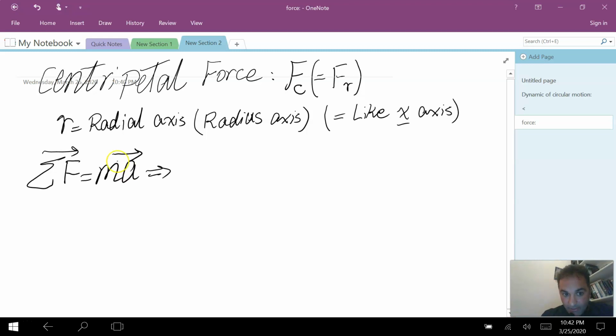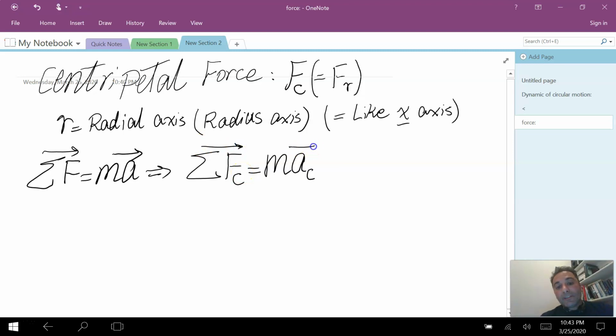You can see by this equation that acceleration makes force. Therefore, we can say that acceleration, which was centripetal acceleration, will make for sure a force which is called centripetal force. So AC, here you see AC, makes FC.